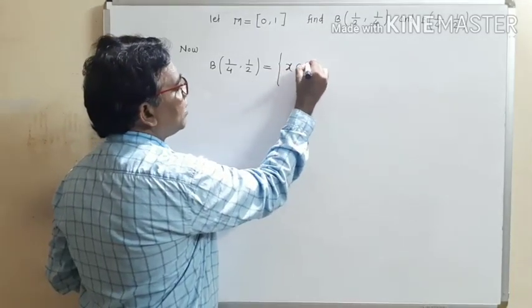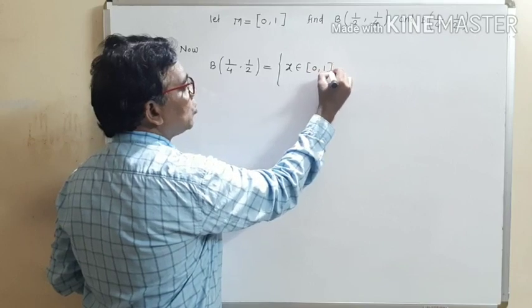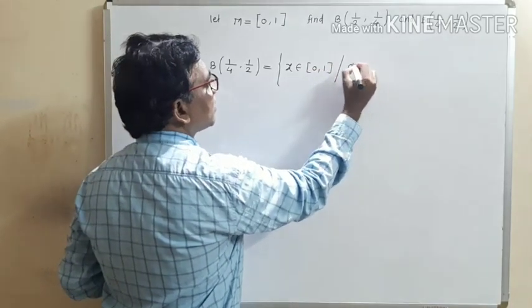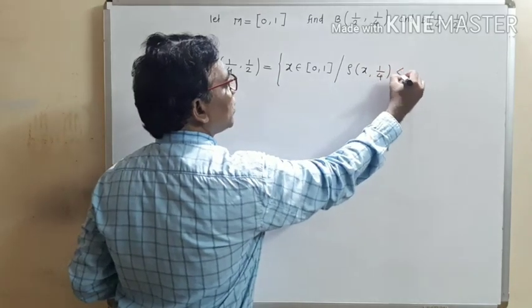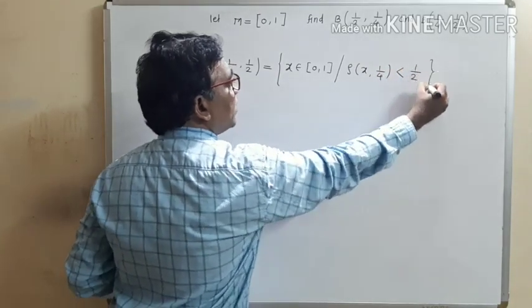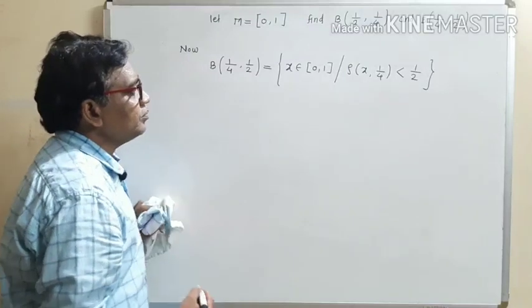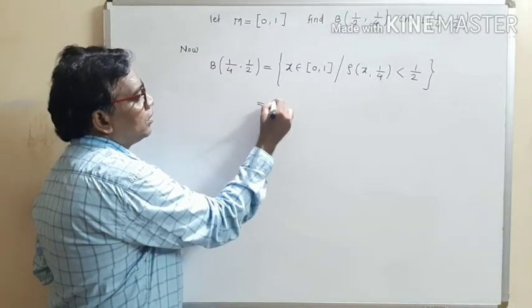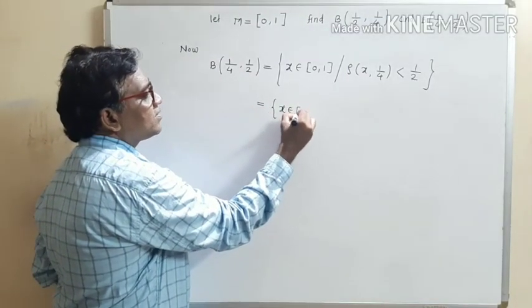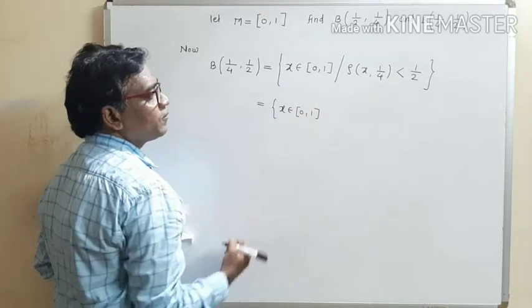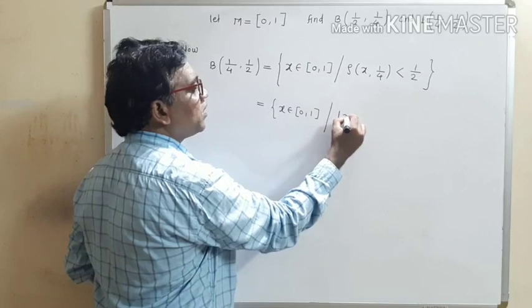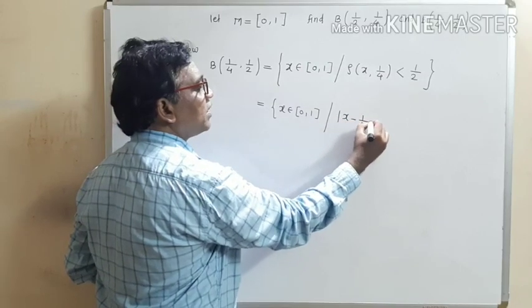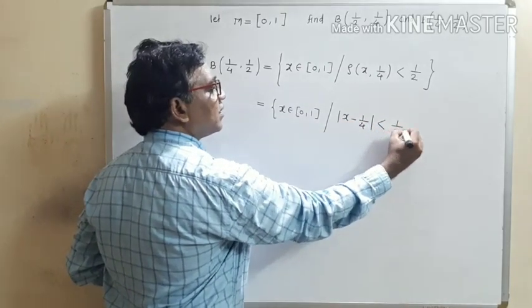Find out those elements in the metric space [0, 1] satisfying the condition that the distance between x and the center 1/4 is less than radius 1/2. So find the values for x in the interval [0, 1]. Rho is the metric; metric means we use the usual metric. Modulus of x minus 1/4 is less than 1/2.